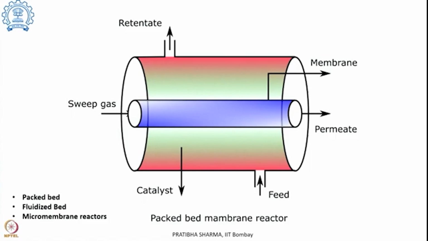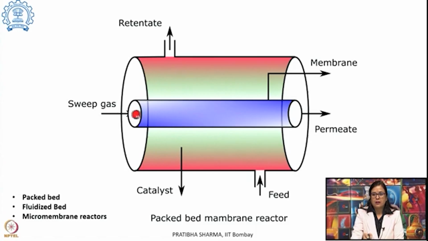Now, if we see a typical membrane reactor, these can be either packed bed reactor or fluidized bed reactor or micromembrane reactor having size from 1 to 1000 micron. If we see how the process takes place, herein we have feed entering into the reactor.